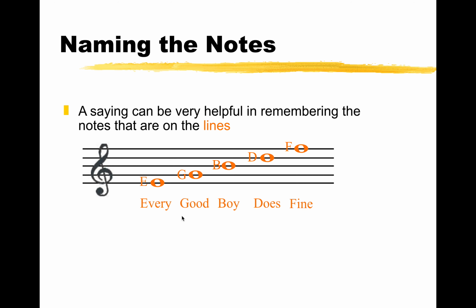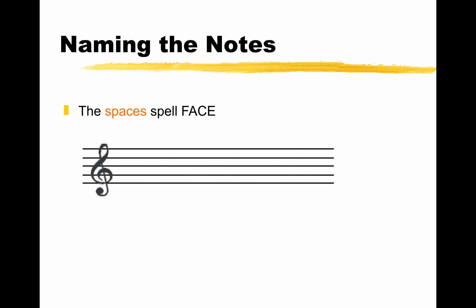And this is true for all instruments that have a treble clef at the beginning. The spaces spell face, and that can be sort of easy to remember because face and space rhyme. So the bottom space is F, second space is A, third space is C, fourth space is E.